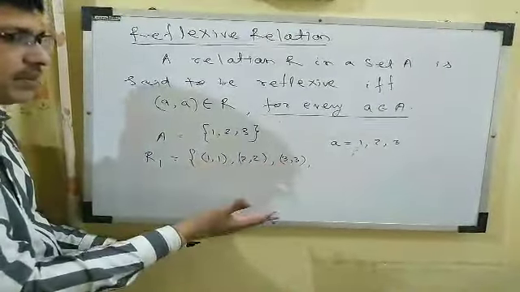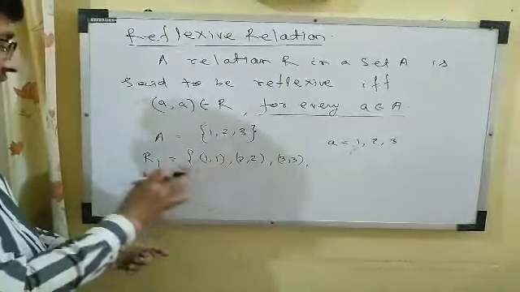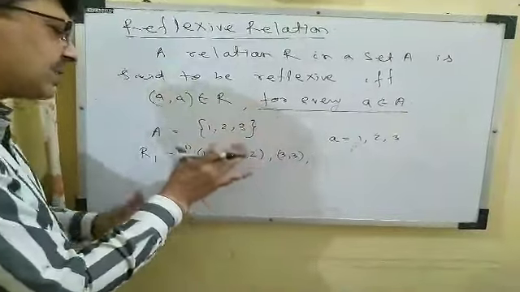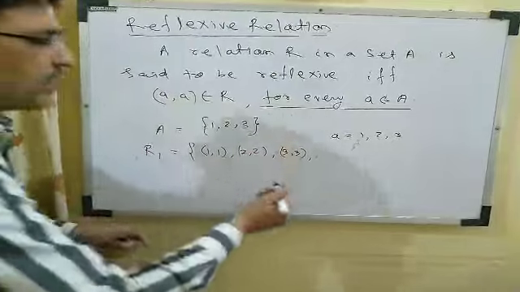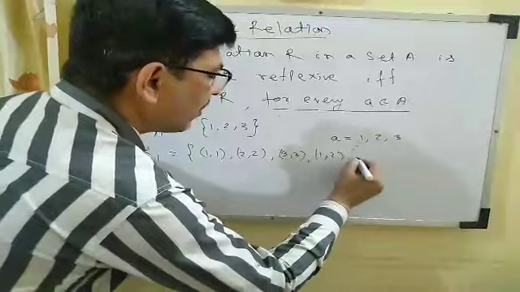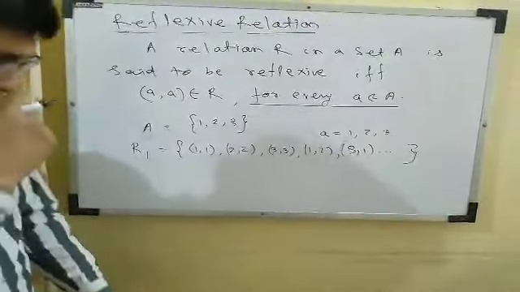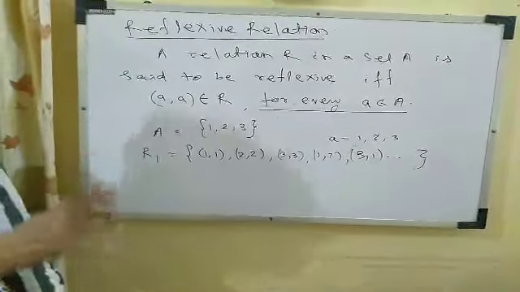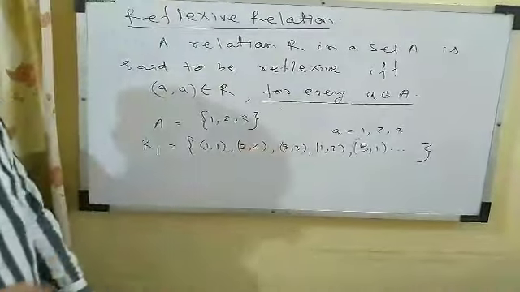Other than this, it may contain some more elements, no problem. But definitely these 3 elements must be contained in R1 to be reflexive. After that, you can take any other elements, and so on. That means R1 will be reflexive only when (1, 1), (2, 2) and (3, 3) are the elements of R1.